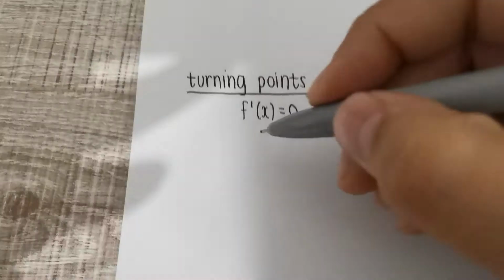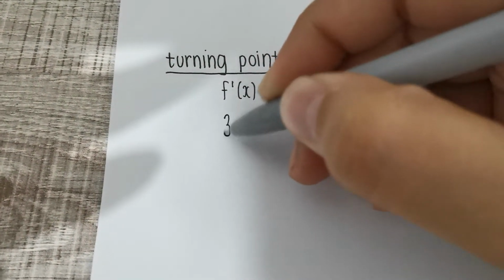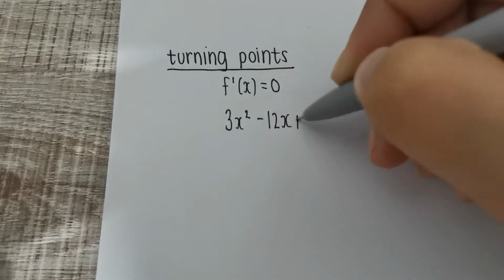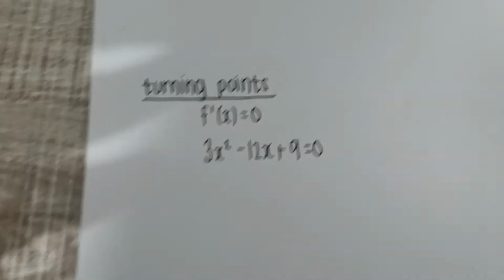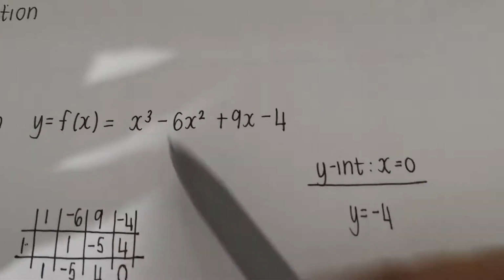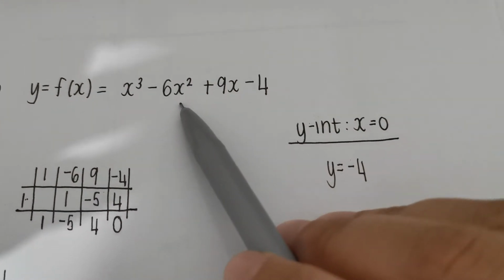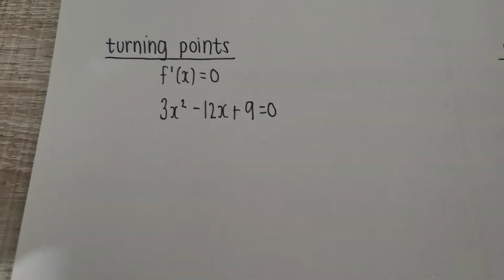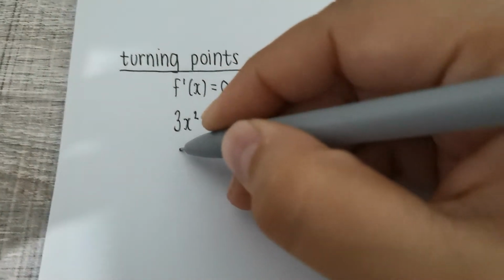So my first derivative is 3x squared minus 12x plus 9. Go back there so you know what I did. I said 3x squared minus 12x plus 9. I'm going to divide everything by 3, or you can sub the whole thing into the quadratic formula, that's fine.